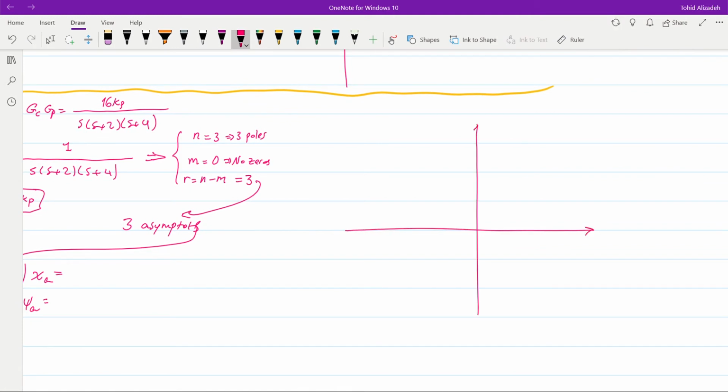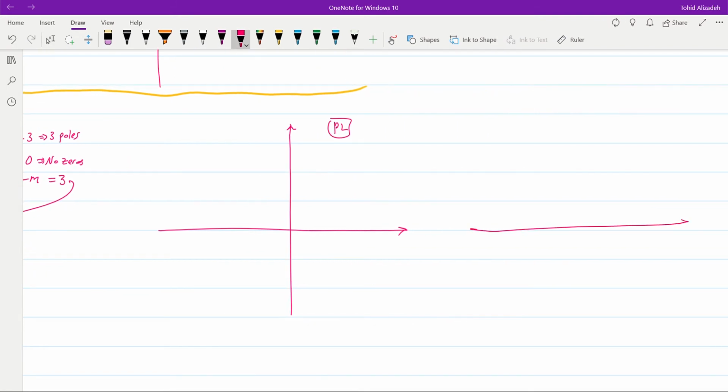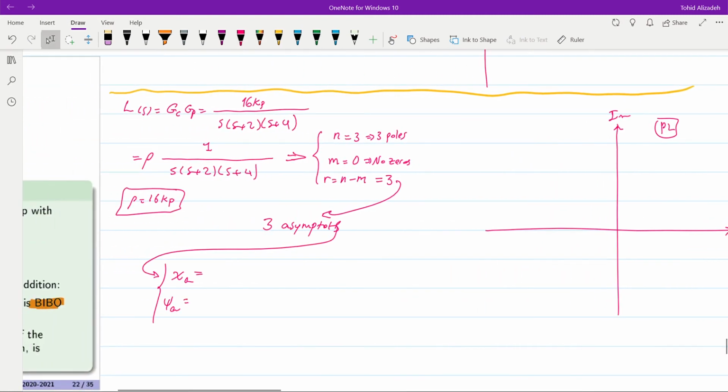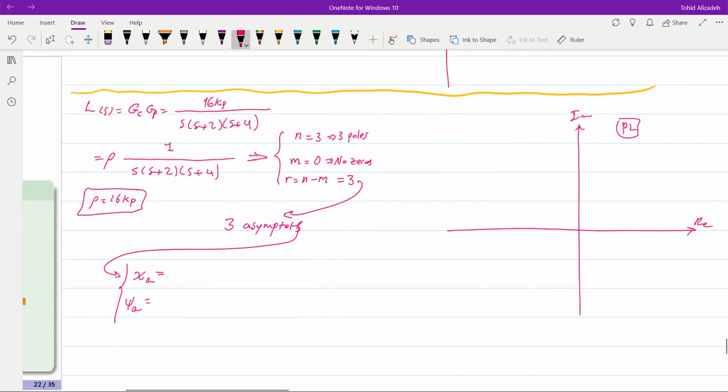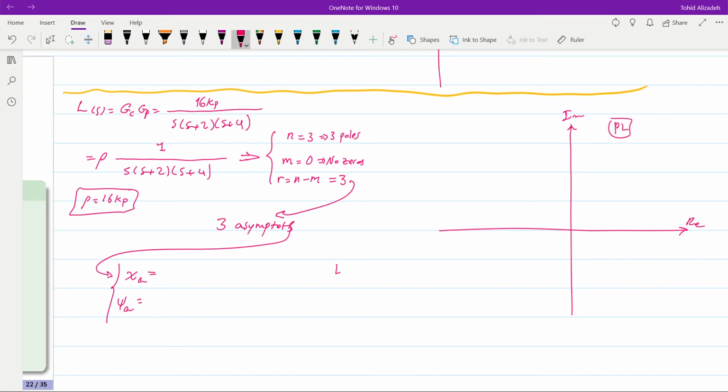Let's start by preparing the S-plane for each one of the positive locus and negative locus. We have the real and imaginary axis. As usual, we start to determine the location of the open loop poles and zeros of the system. If we consider L in the form of rho times n over d, setting d equal to 0, we will get the open loop poles of the system.